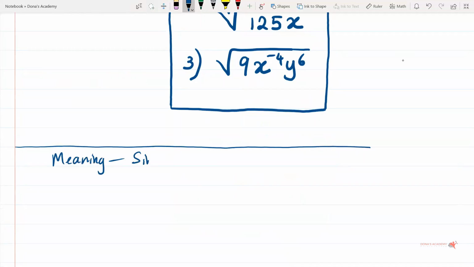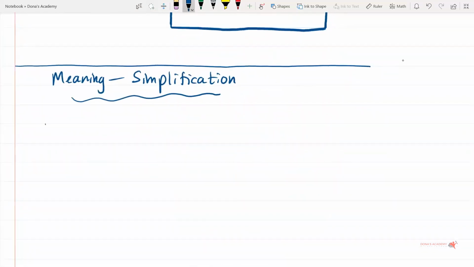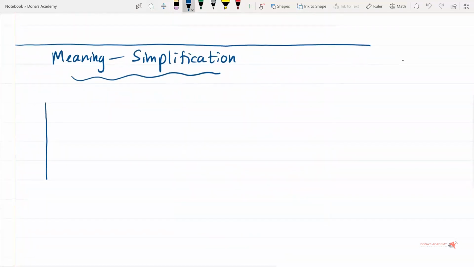Meaning of simplification of radical expressions, okay? Originally we have a radical expression given.